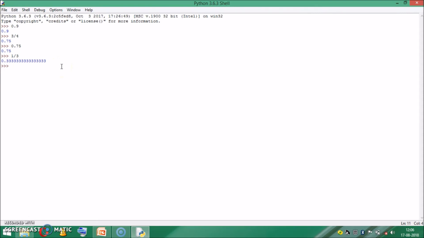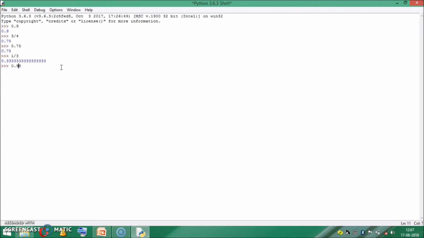As you saw, dividing any two integers produces a float, but a float can also be produced by running any operation on an integer and a float. That means we can multiply 0.9 with, let's say, 8.